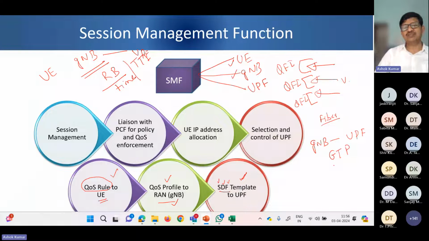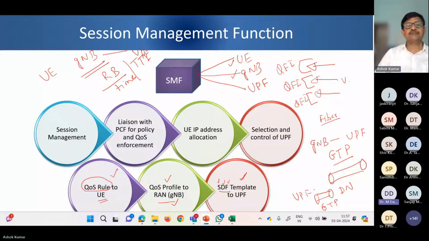GPRS tunneling protocol. Some sort of tunnel gets created. Again from UPF to the data network, DN, this is also backhaul, fiber or Ethernet or any kind of backhaul. So here also a tunnel will be created called GTP, GPRS tunneling protocol.